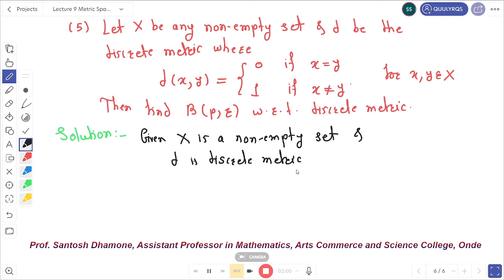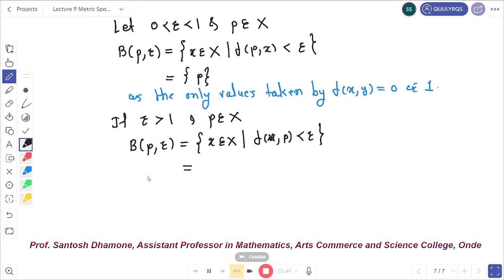If radius r is greater than 1, then we get every point of set X in the open ball, which is equal to the whole set X, as every ordered pair x,y in X are at distance 1 if x is not equal to y.